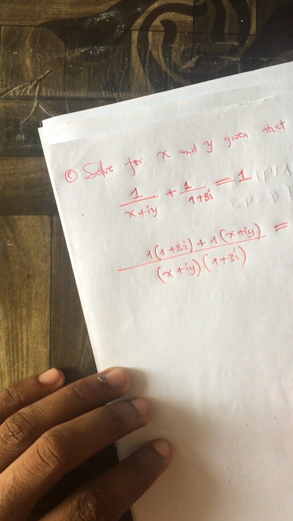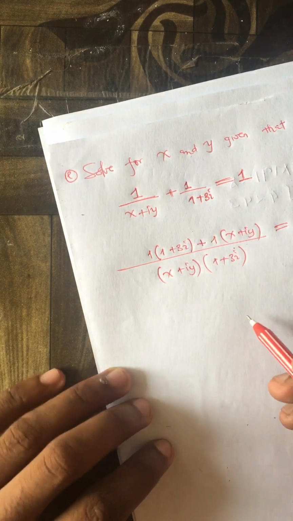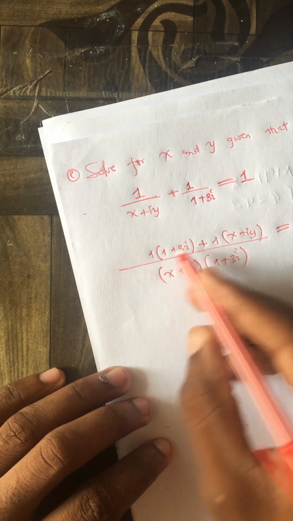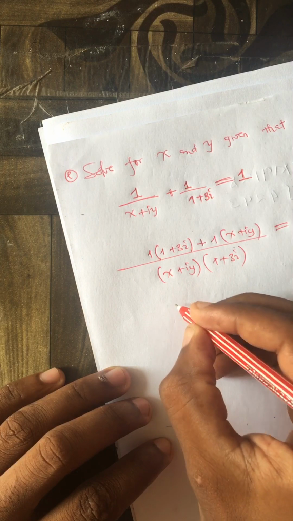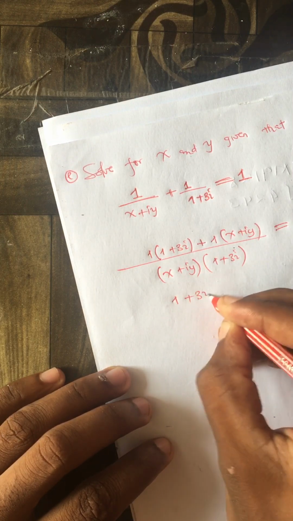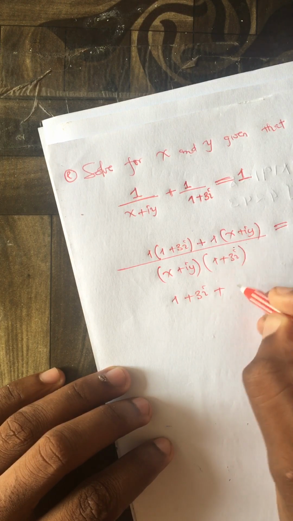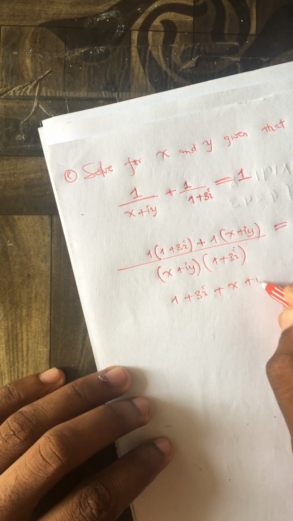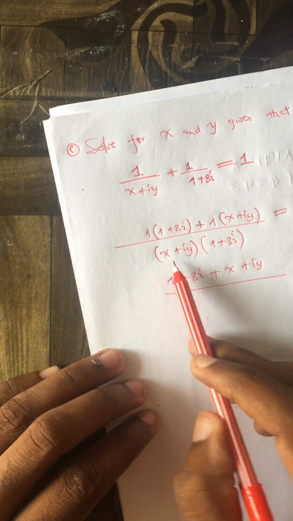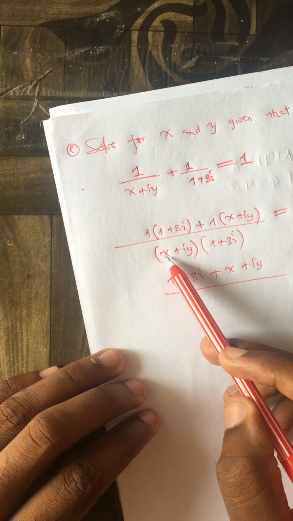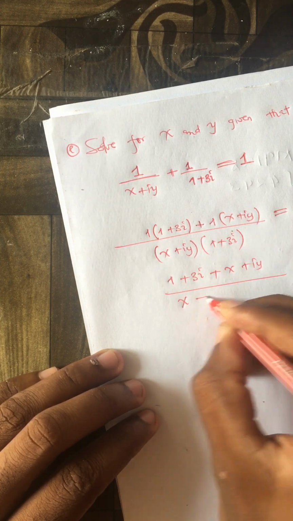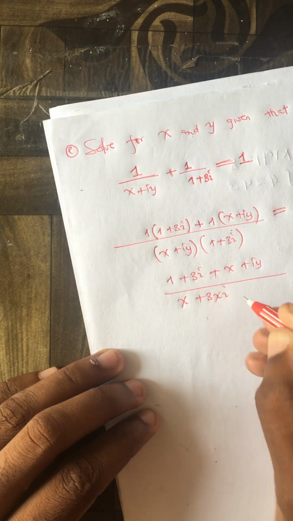All right, then from there you can expand. The top part will give us this times that to give 1, then 3i, then plus this times that, x plus iy, over the denominator. So x times 1 is x. x times 3i, you get 3xi.